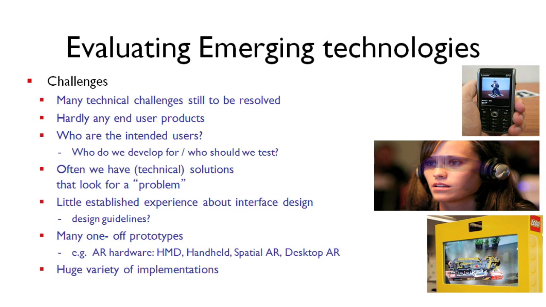One other difficulty is that there's hardly any end-user products. So sometimes it's not really clear, if you're developing a new system, who the end user is going to be in the end. If you have a clear idea that this is going to be a product, it's probably a little bit easier to define a specific end user. And sometimes it's quite difficult to define this end user.